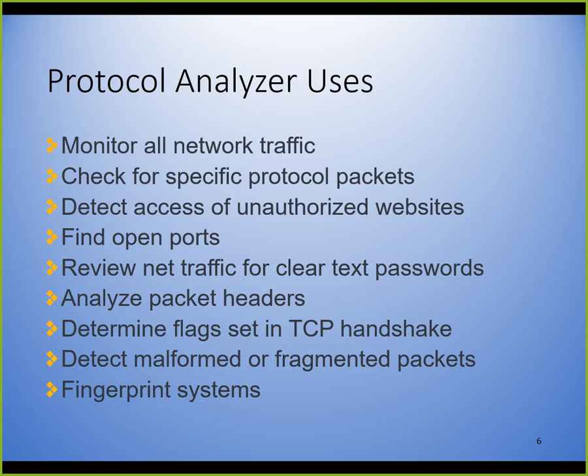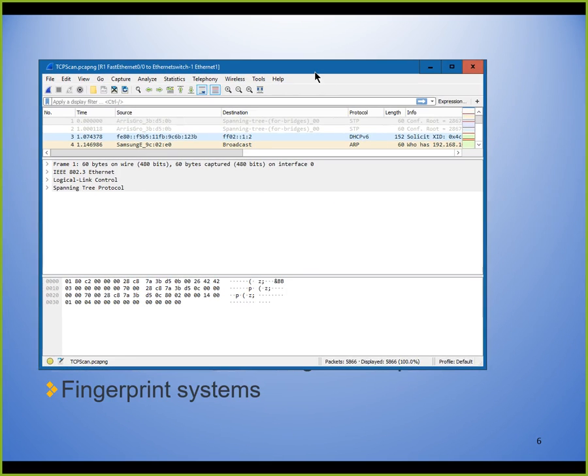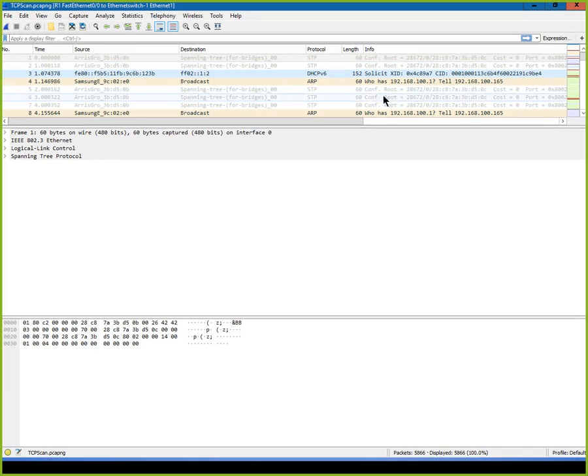Detect access to unauthorized websites, find open ports, review network traffic for clear text passwords. And you can do that. And when you see those things, it's like, okay, we have a problem. We shouldn't have clear text passwords. How about email?